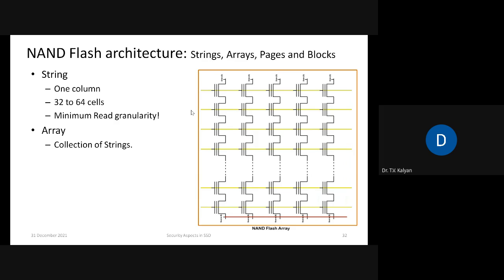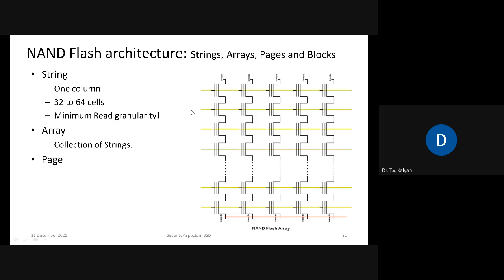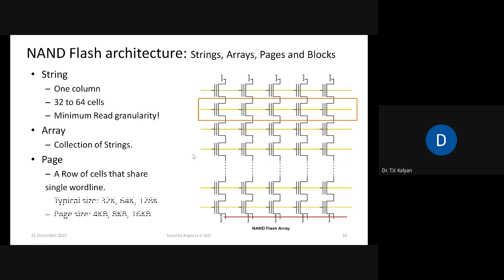A 2D arrangement of such strings is an array, and a page is a row of cells in such an array. These are the typical sizes of pages: 4 kilobytes, 8 kilobytes, and 16 kilobytes. If each cell stores 1 bit of information, then on the row we have that many cells lined up.